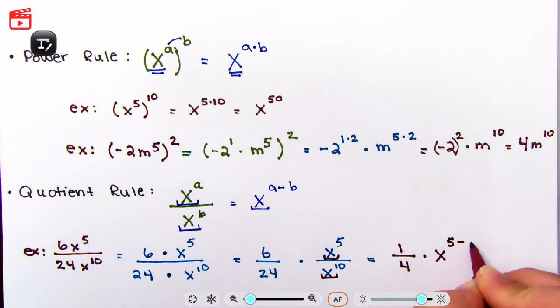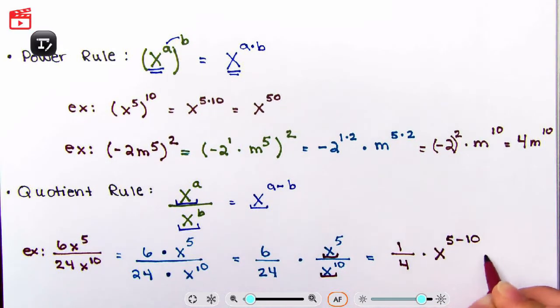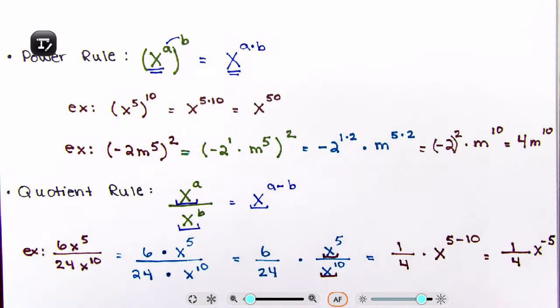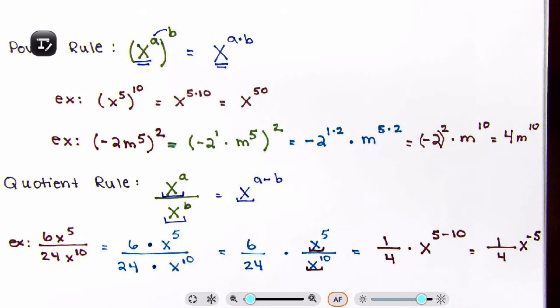So numerator minus denominator. So therefore, what do I have left? I have 1 over 4 times x to the 5 minus 10, negative 5th power. And I'm actually going to leave this here because of our next property, or our next rule.